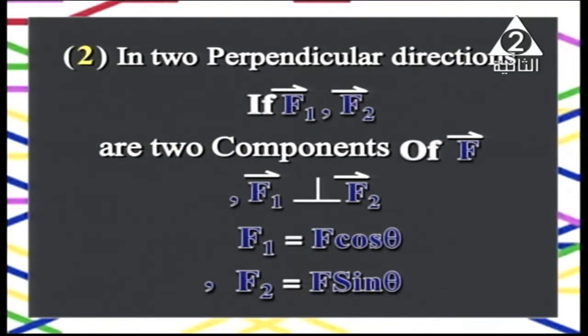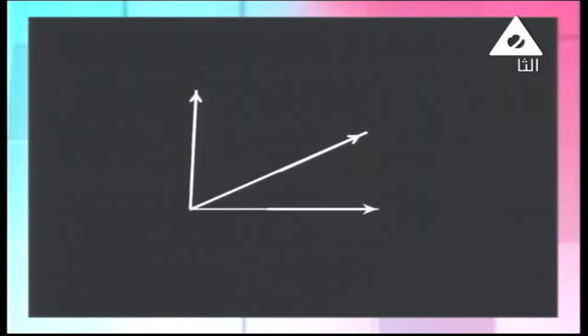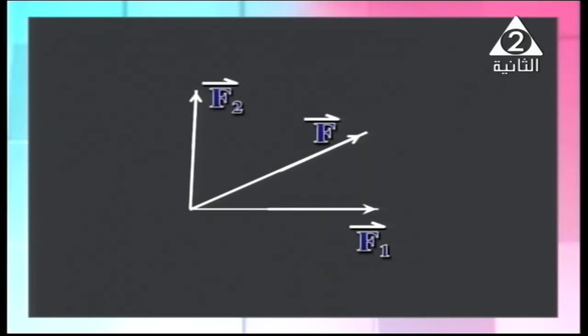Then when the two components are perpendicular, the first component F1 equals F cosine theta, but F2 equals F sine theta. Look at the previous example or the previous notes: F1 and F2, two components of F, are perpendicular.